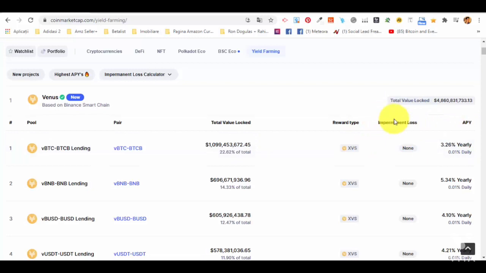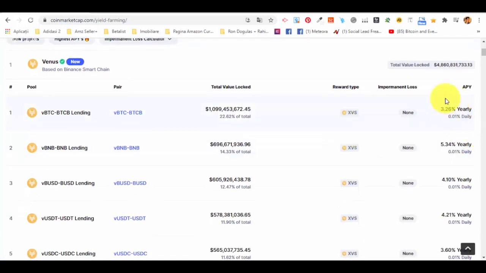We have this indicator which says impermanent loss, so the risk of impermanent loss, and the reward type, basically what you are earning. This is the type of token or cryptocurrency that you are going to earn.